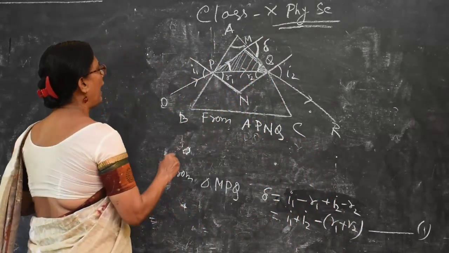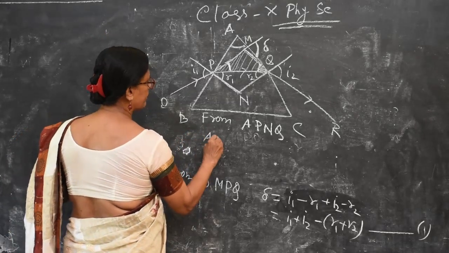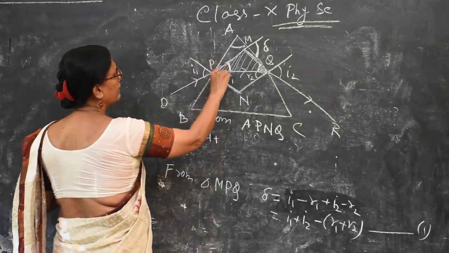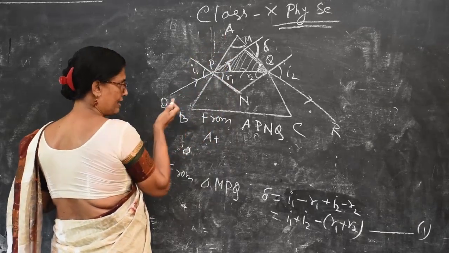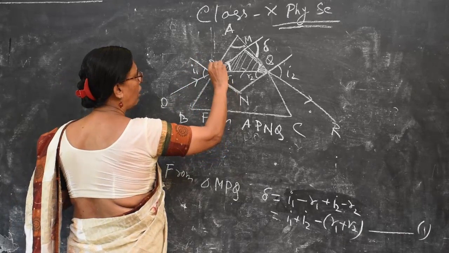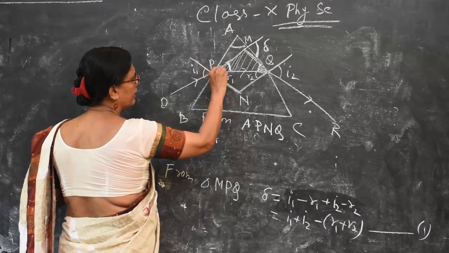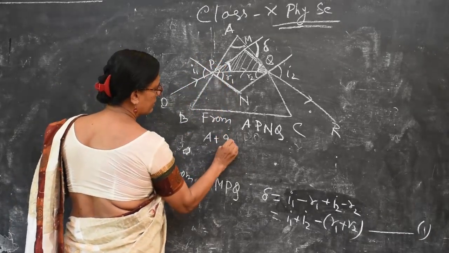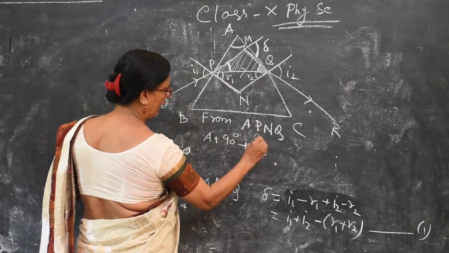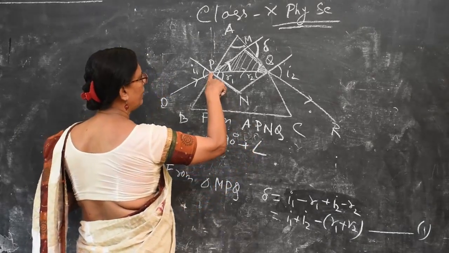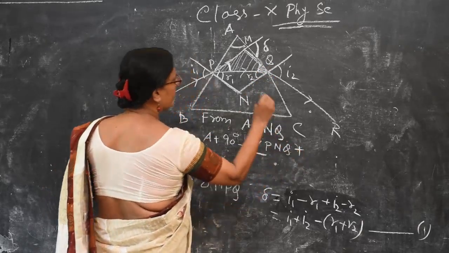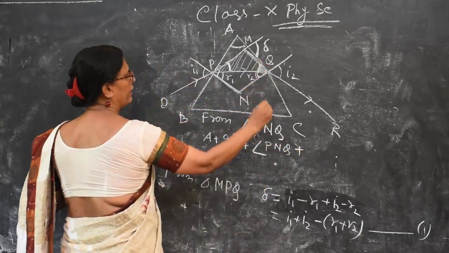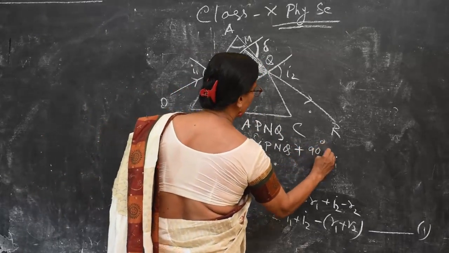So here angle A plus 90 degrees, because it is our slant surface and this is our normal, so this is 90 degrees, plus 90 degrees plus angle PNQ plus again 90 degrees is equal to 360 degrees.